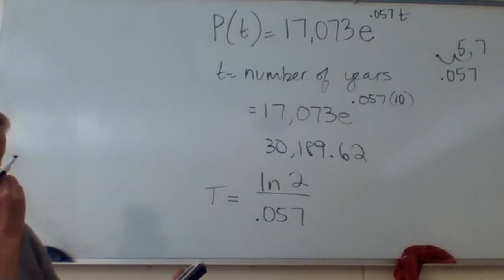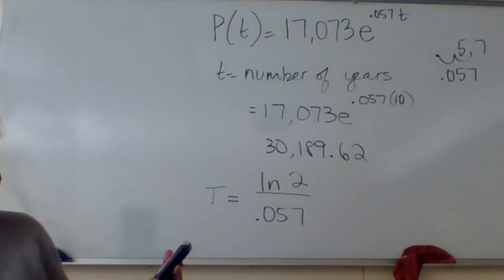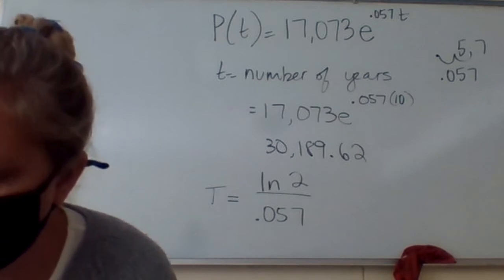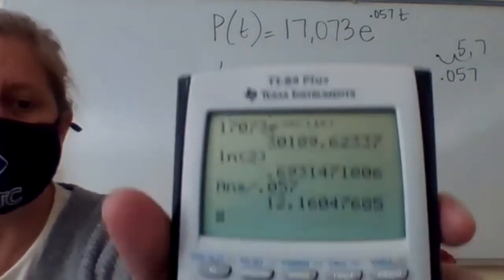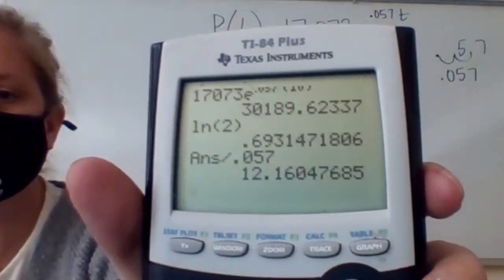So ln of 2 close, divided by 0.057. So 12 point, oh, how does it want me to do it? Round to 1 decimal place. So 1 decimal place would be 12.2.